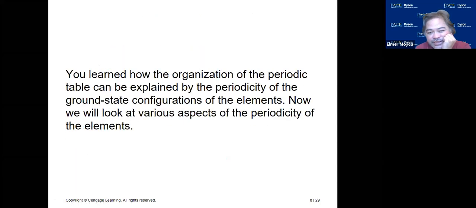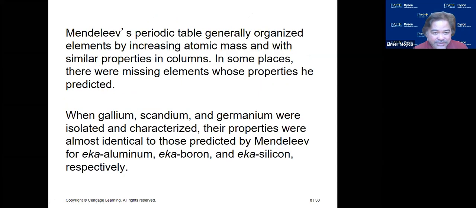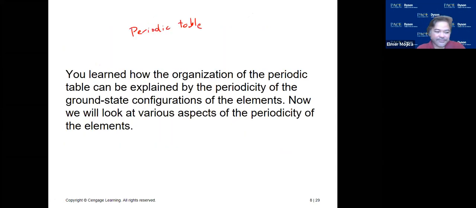So the next topic that we have is how we ended up with the present periodic table. You learned how the organization of the periodic table can be explained by the periodicity of the ground state configurations of the elements. Now we will look at the various aspects of this periodicity. Before we go to how Mendeleev made the periodic table, maybe we can look at the history.